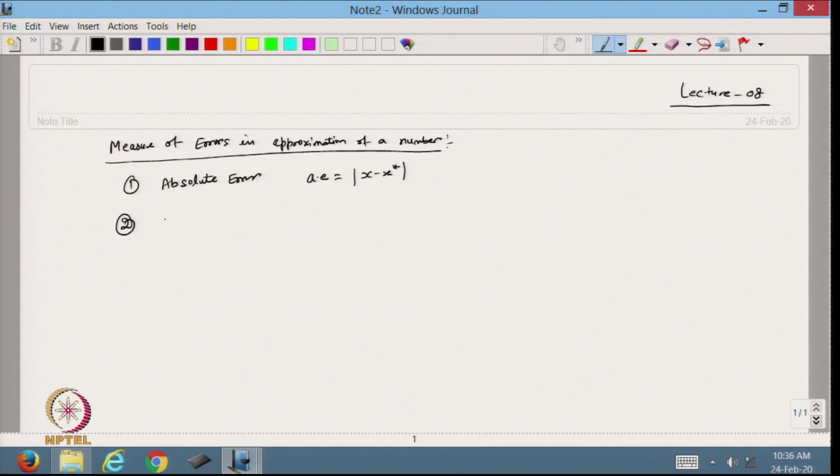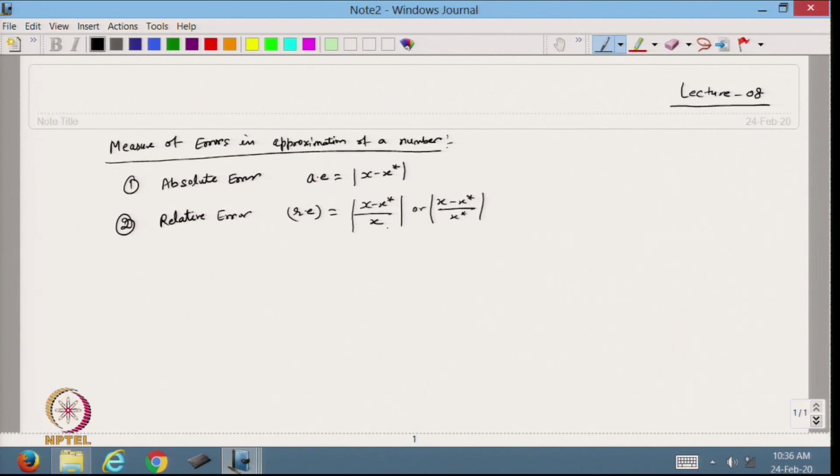The second one is the relative error. The relative error gives you the error corresponding to the given number. This can be written as x minus x star, divided by either x, or we can write x minus x star divided by x star.